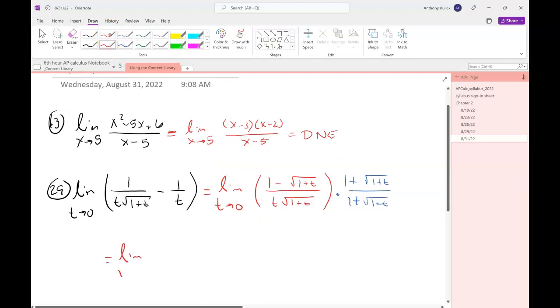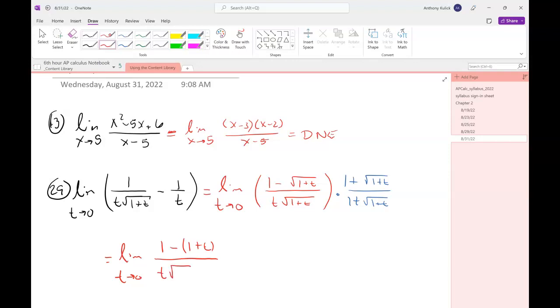So the numerator becomes 1 minus 1 plus t. Is that okay there?